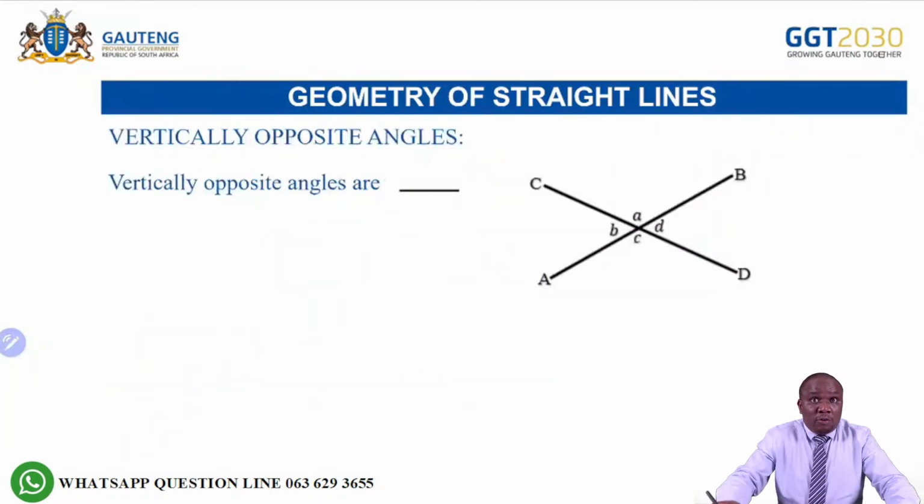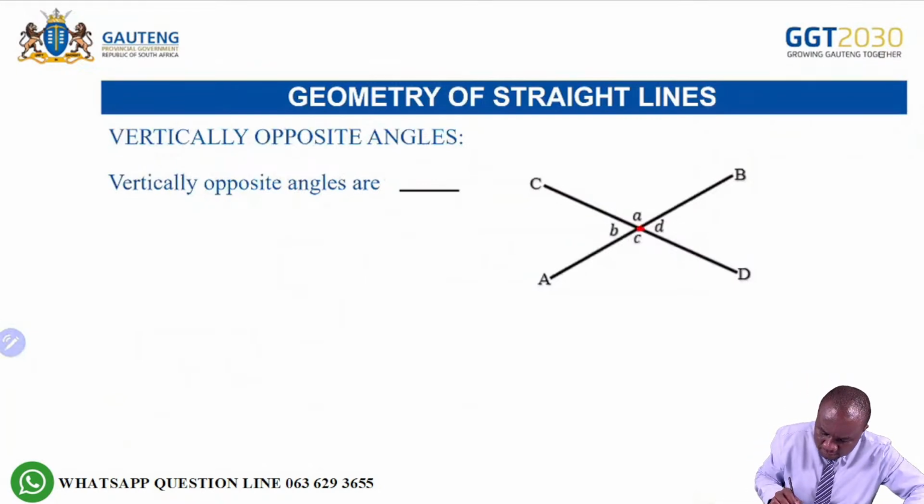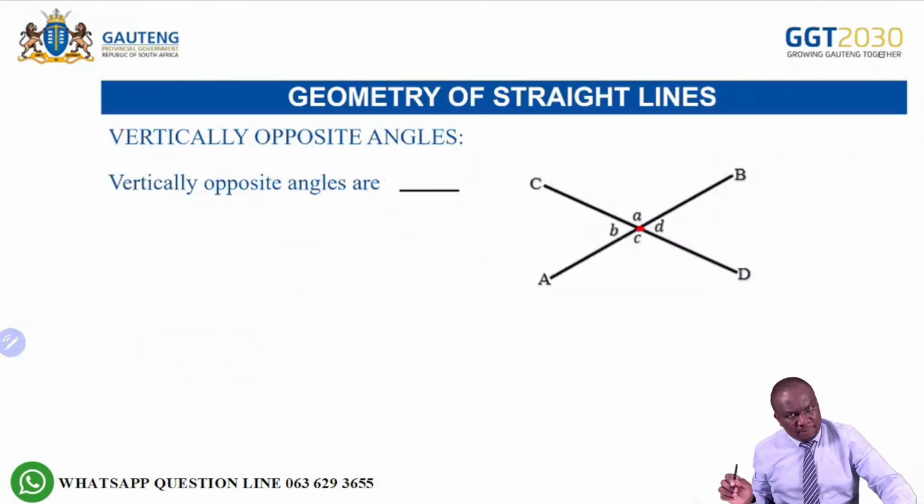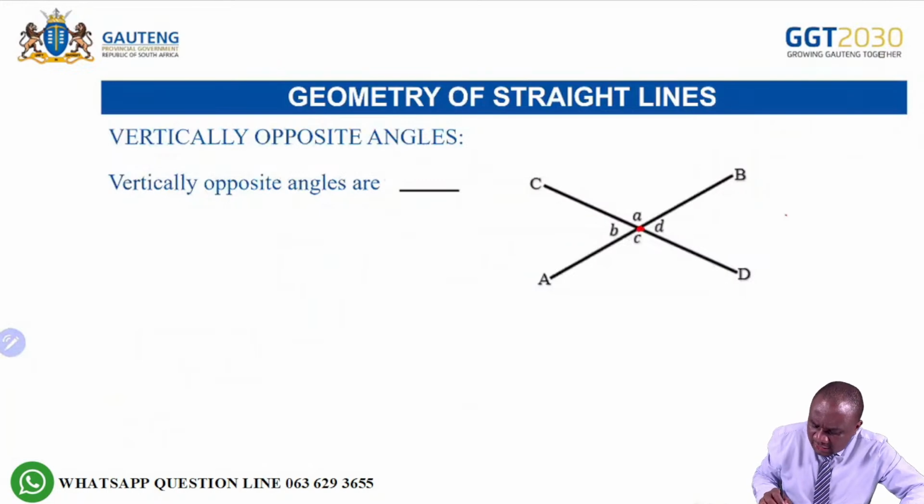The vertically opposite angles. How do you see vertically opposite angles? They have a common vertex, but they do not have a common arm. We said adjacent angles on a straight line, they have a vertex and a common arm.